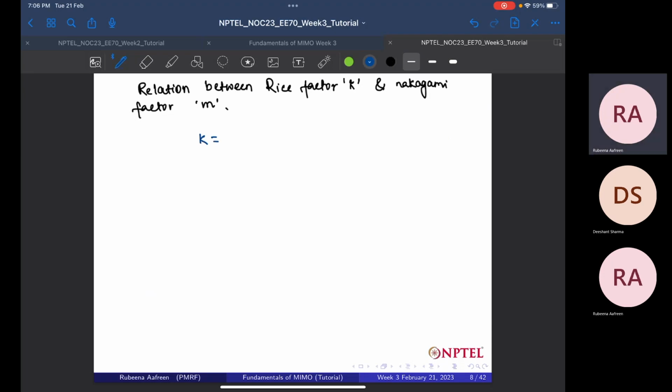This relation is given by M is k plus 1 whole square divided by 2k plus 1, or K is square root of M square minus M divided by M minus square root of M square minus M, where M is greater than 1.